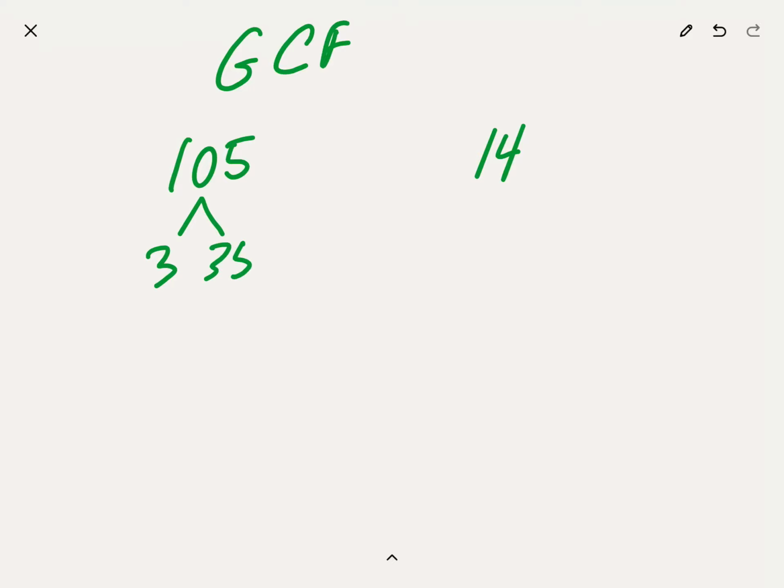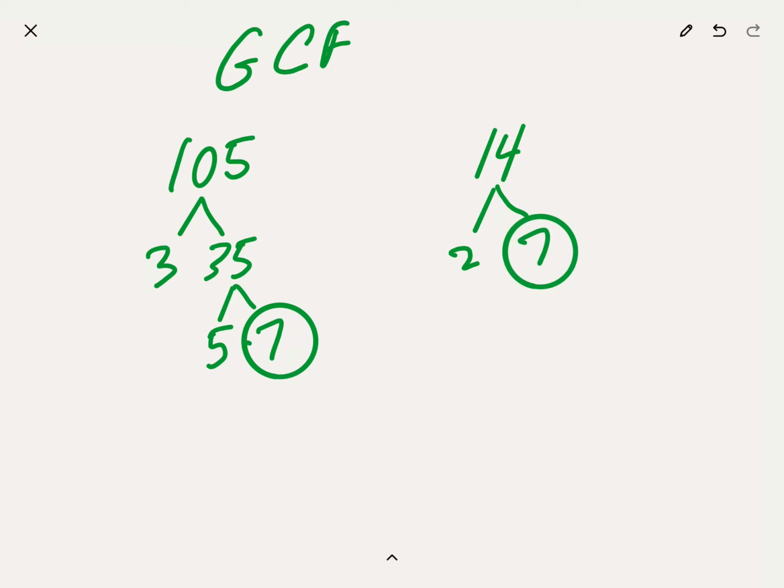That'll be 35. And then I can go 5 times 7, okay? For this one, I can divide this by 2, so this will be 2 and 7. So the greatest common factor is 7. All right, that's how you do it. GCF is 7. Once you learn how to do your factor trees, this is really a simple process.